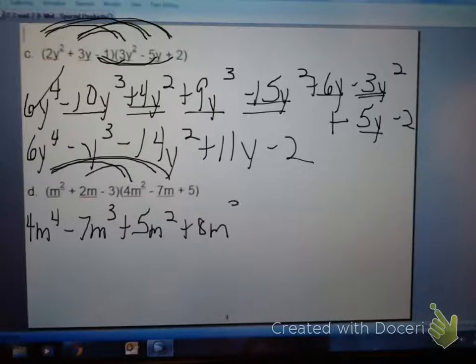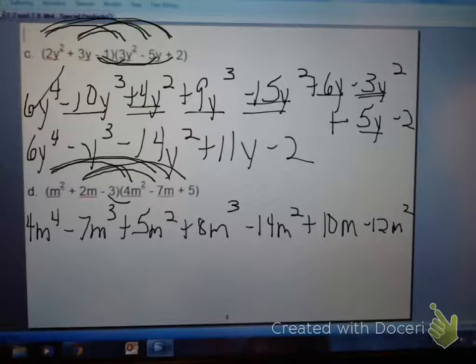Again, m times m squared is m cubed, minus 14m squared plus 10m. Now I'm going to multiply negative 3 times everything, and that's negative 12m squared plus 21m, running out of room, so I'm going to have to write it right underneath, minus 15.